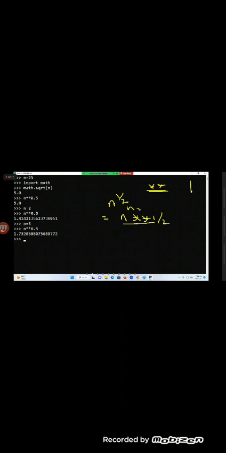If n is equal to 25, then 25 star star 1 by 2 means it will take 25 by 2, which is 12.5. This is a wrong answer, right? So if you want to write like this, you have to write n star star of 1 by 2, where first you evaluate the bracket.